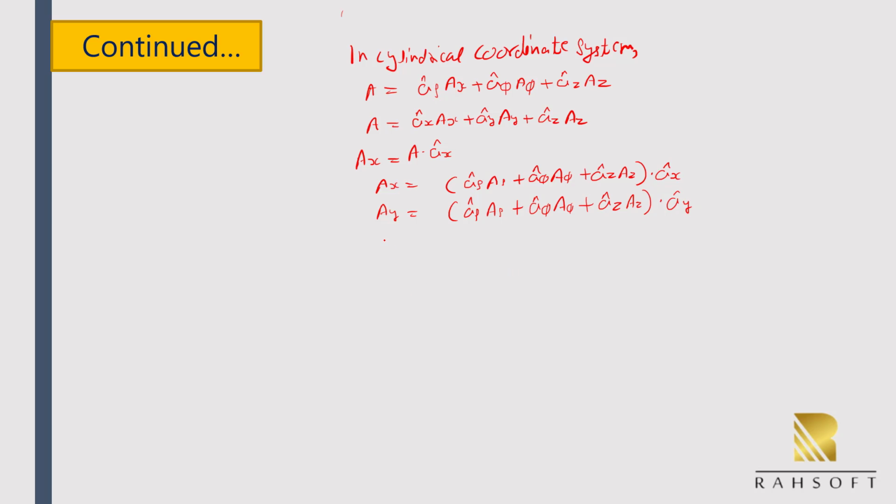Similarly, we can write the vector A_z, unit vector a_rho A_rho plus unit vector a_phi A_phi plus unit vector a_z A_z, dot product with unit vector a_z.